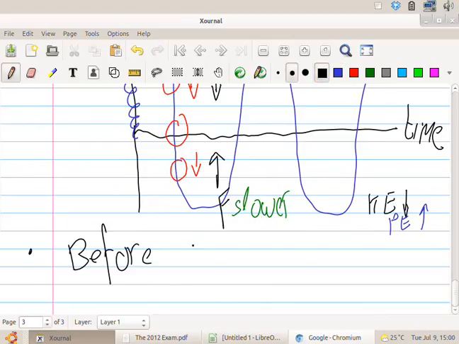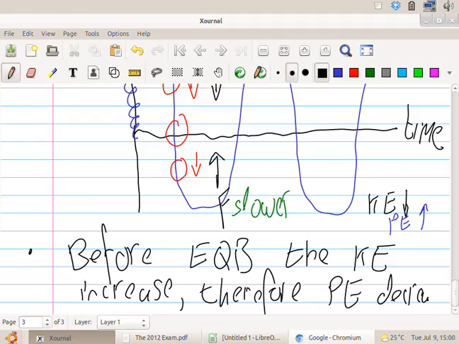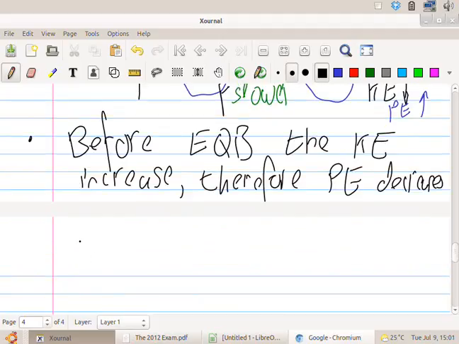Before equilibrium, the kinetic energy increases, therefore potential energy decreases.